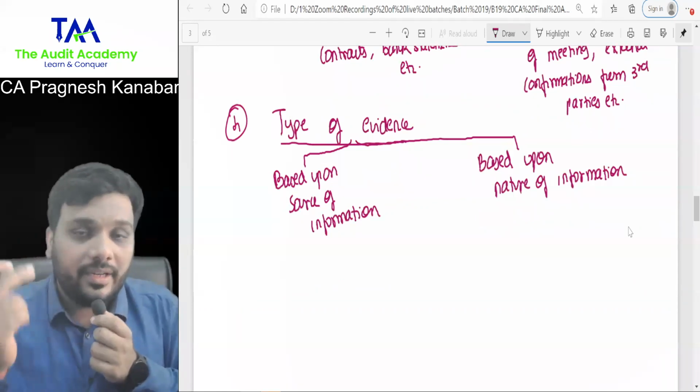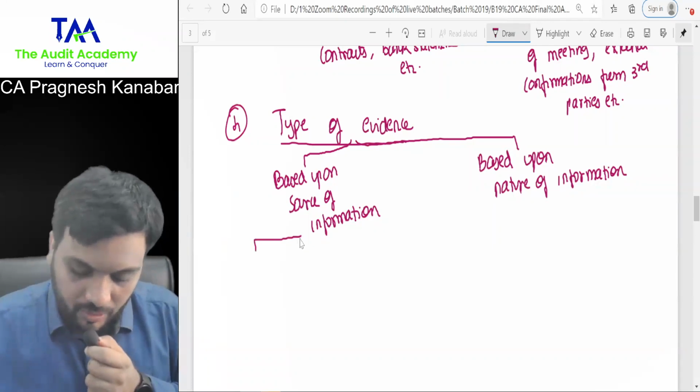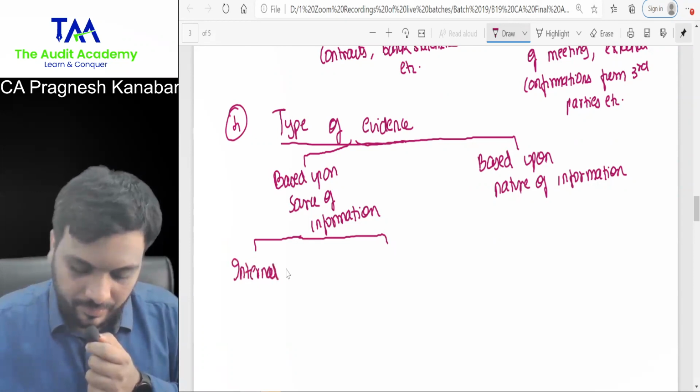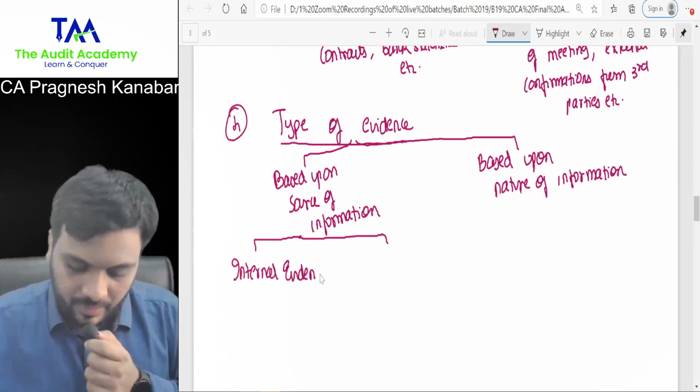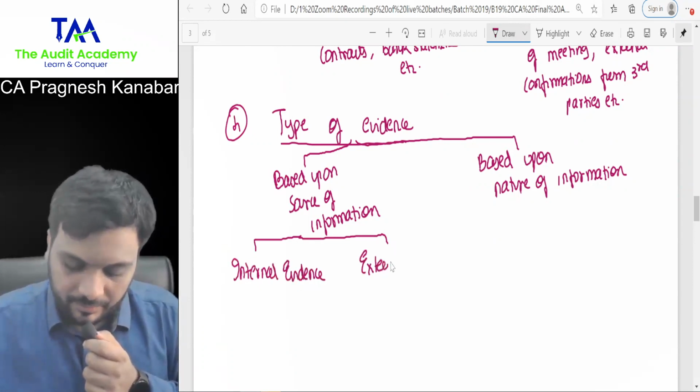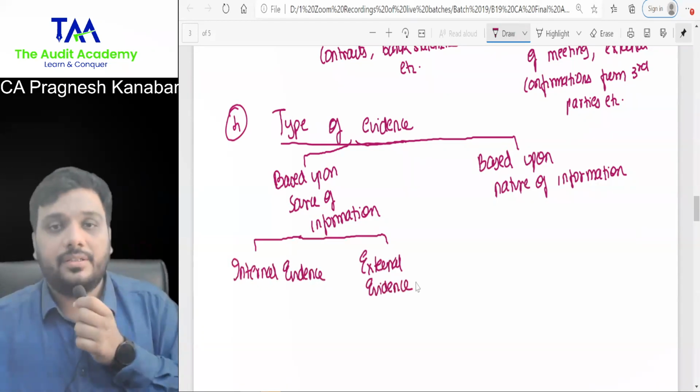Based upon source of information, based upon nature of information. Slowly, steadily, you will recollect. Based upon source of information, internal evidence and external evidence.